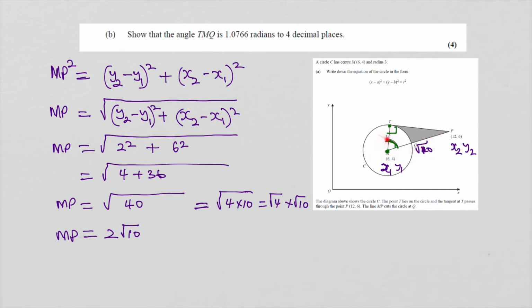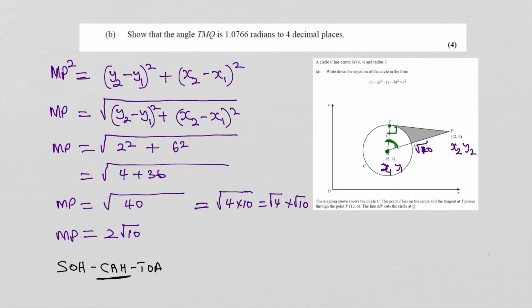What has adjacent and hypotenuse? So we're thinking of using SOHCAHTOA. And what has adjacent and hypotenuse is CAH. So we're going to use CAH.